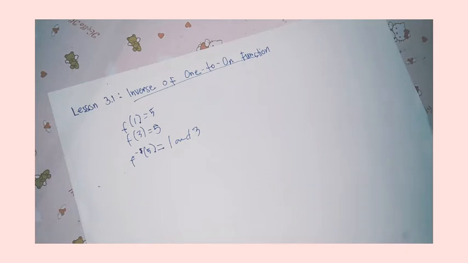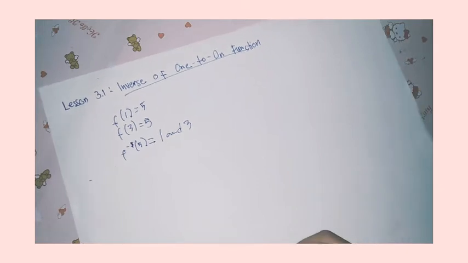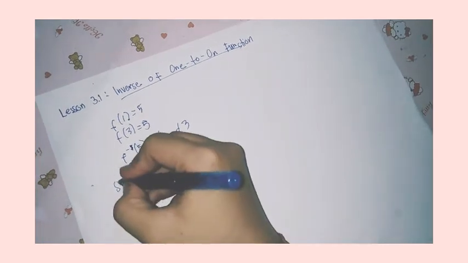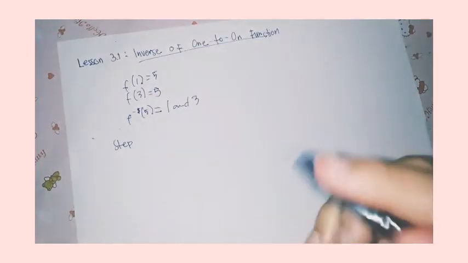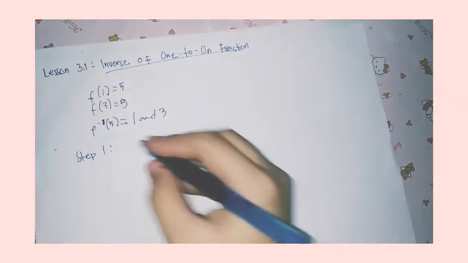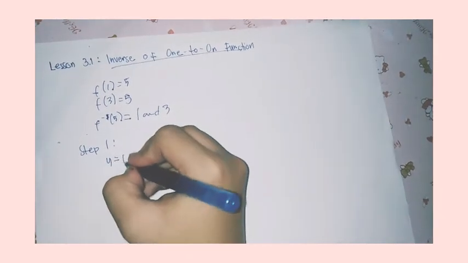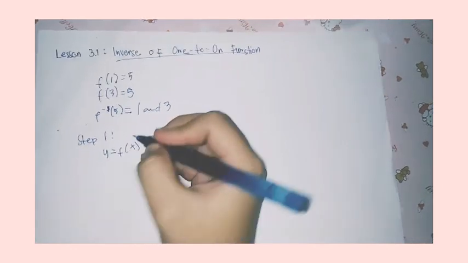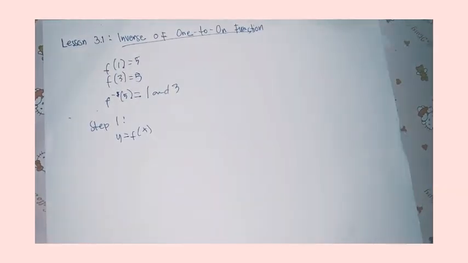The steps of finding the inverse of a one-to-one function. Step 1: let y equal f of x.